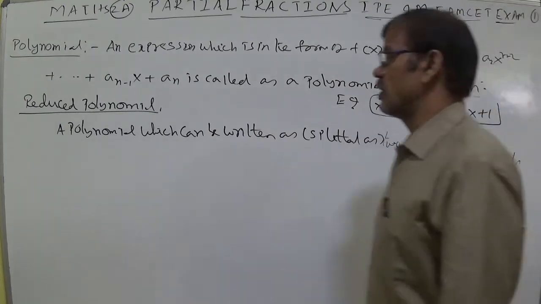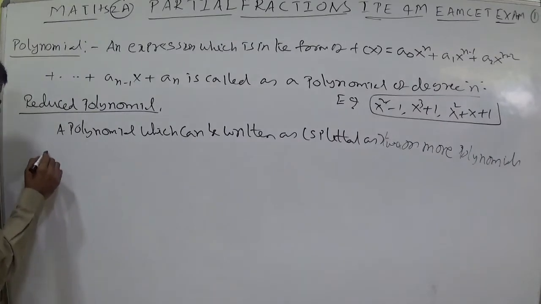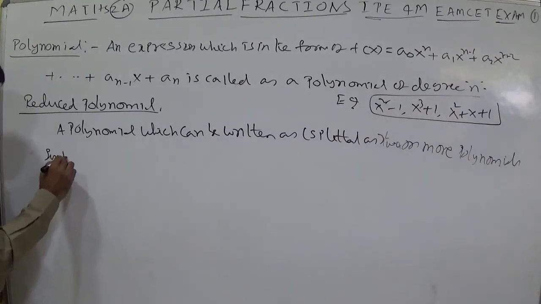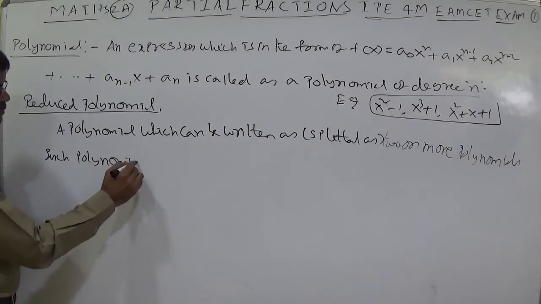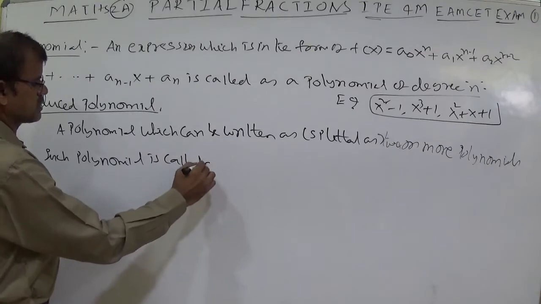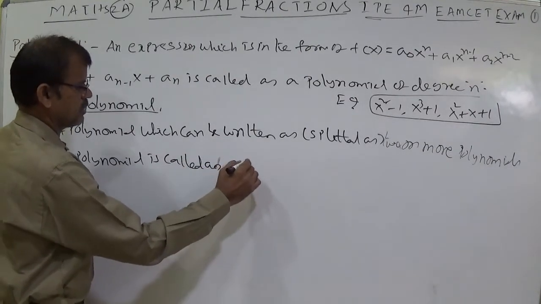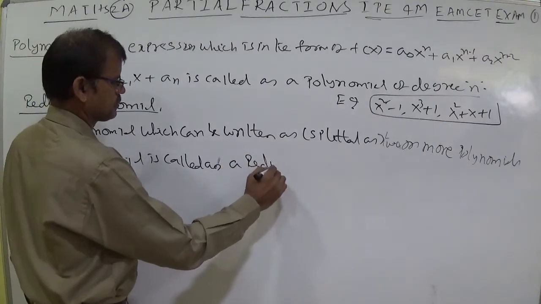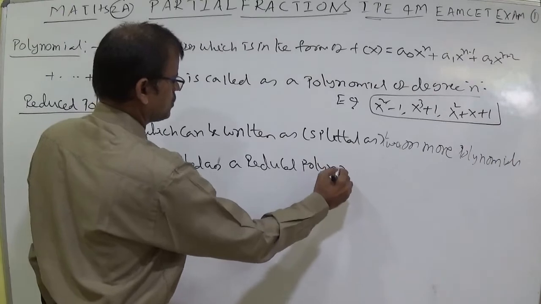A polynomial which can be reduced or split as two or more polynomials is called a reduced polynomial.